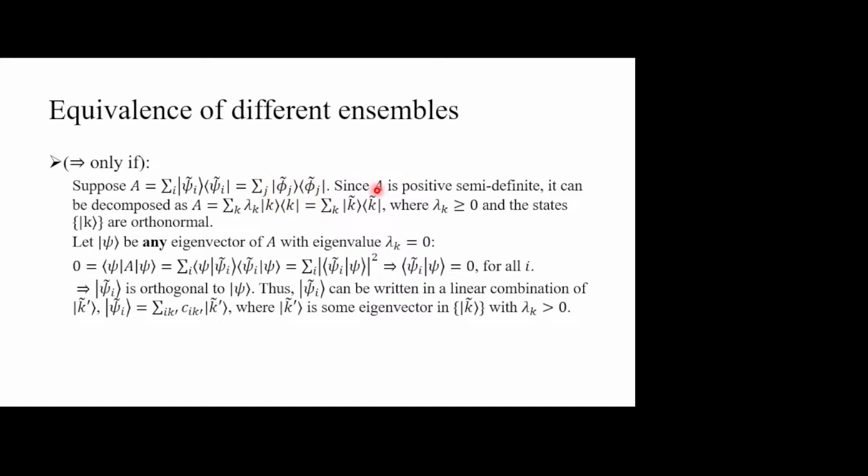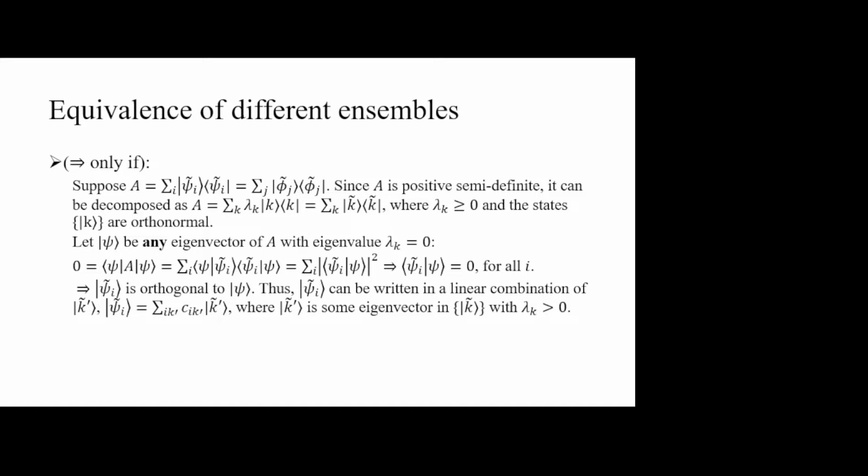Once again, because A is PSD, we write A as its spectral decomposition, sum over k of lambda k, |k><k|, where lambda k is an eigenvalue of A and k is an eigenvector of A. We can absorb lambda k into k, so we write |k tilde><k tilde|.